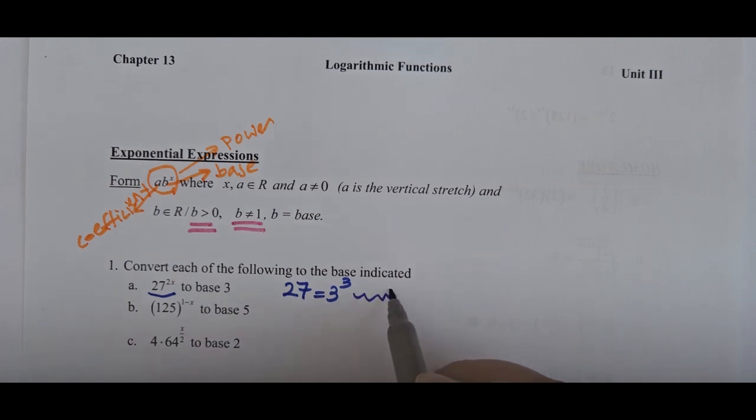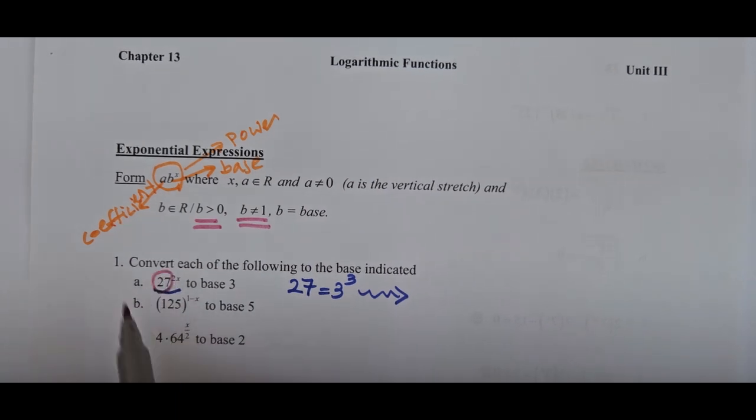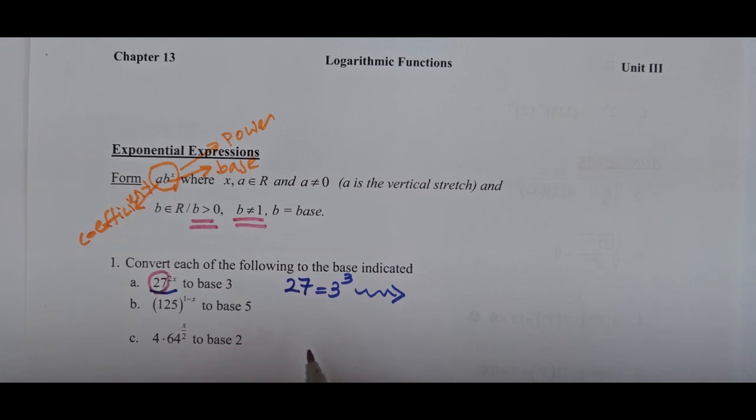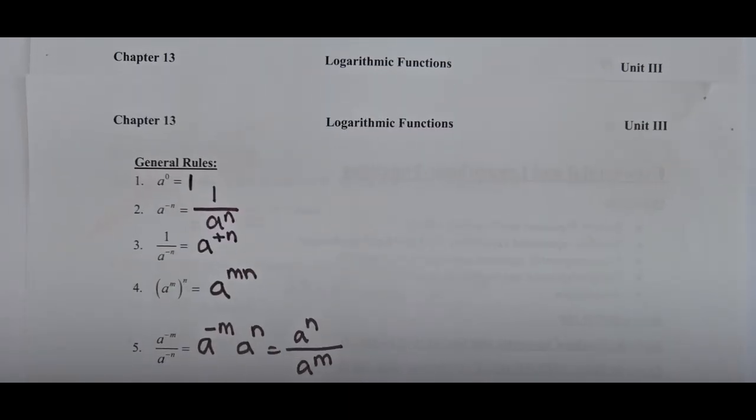So here, what I will do is replace 27 with 3 to the power 3. So I have 3 to the power 3 replacing 27, and then I have 2x sitting outside. Remember this rule? If you refer back to the general rules, I think it was rule number 4.